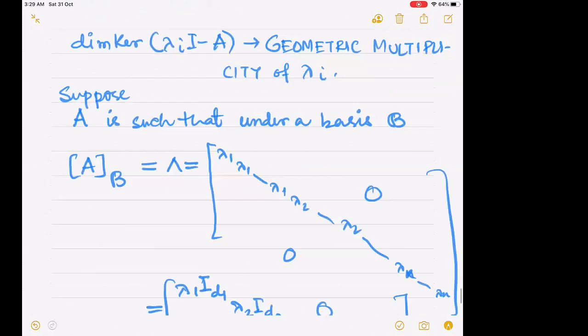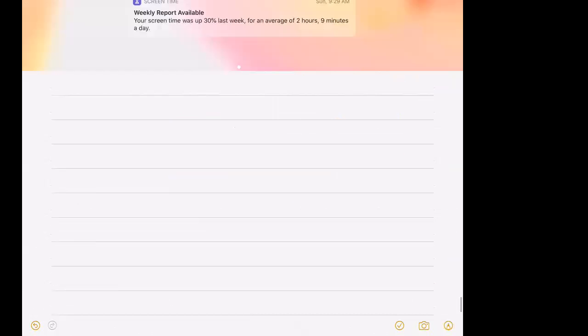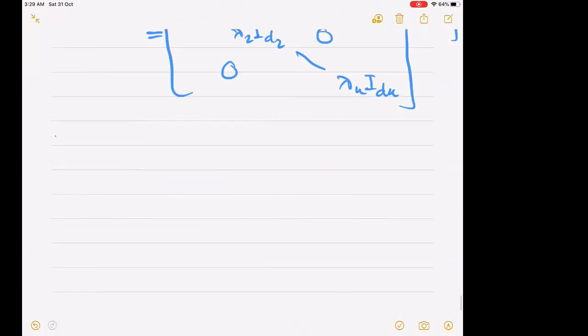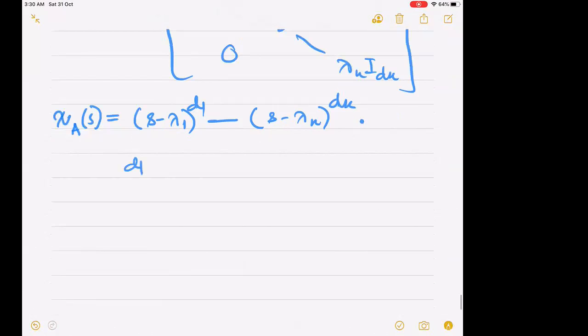If it is like this, then the characteristic polynomial here is indeed (s minus lambda 1) to the power d1, up to (s minus lambda k) to the power dk, and d1 plus d2 plus up to dk is equal to n.